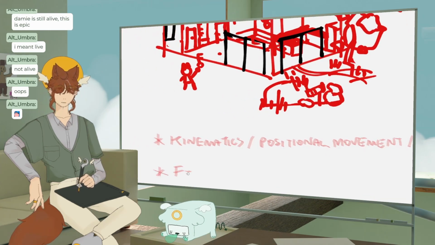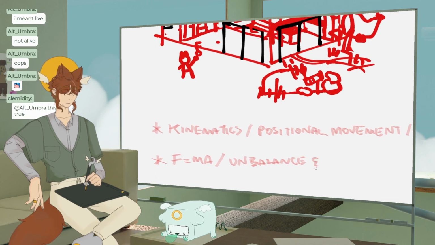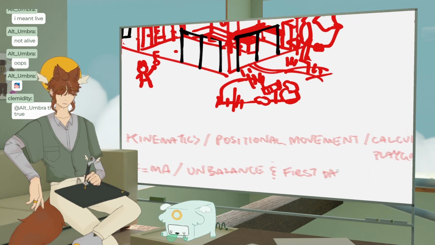And then we have F equals MA. That's like balanced or unbalanced, really. Balance. I don't really know. Like first dates, inner relationship.